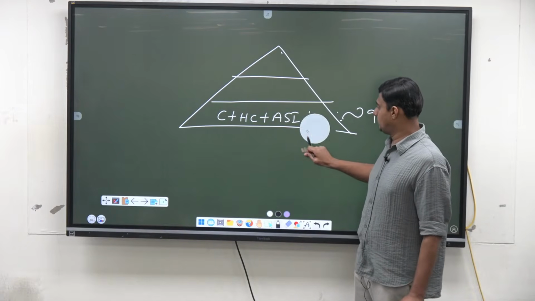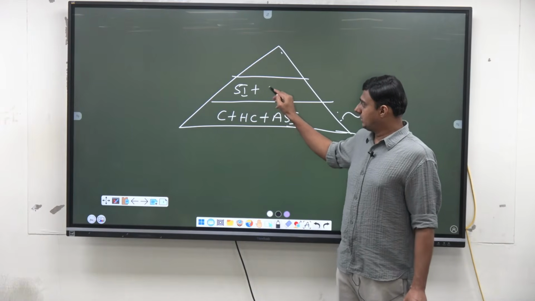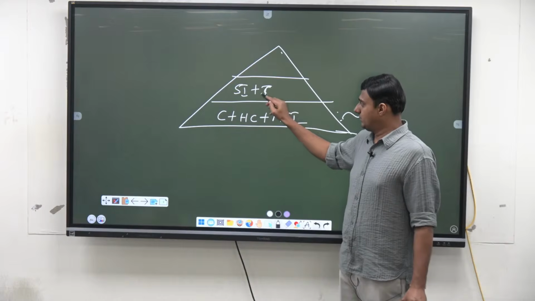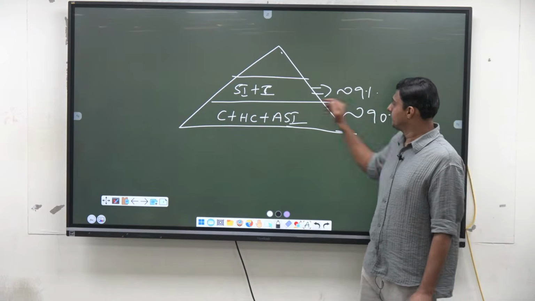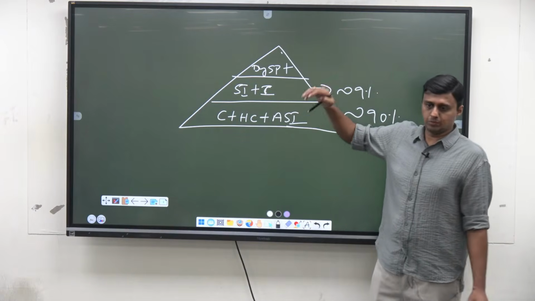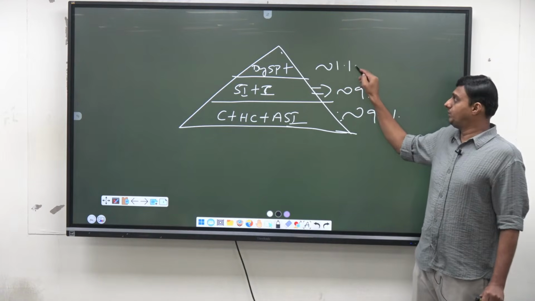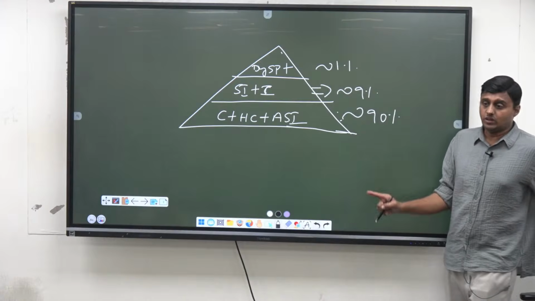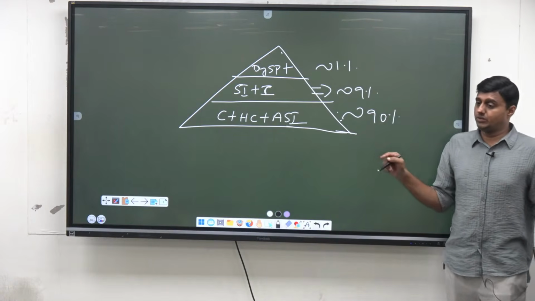Okay, inspector we can put above. Then SI, circle inspectors, inspector, whatever you call them. This is approximately 9%. Then DYSP and above: DYSP, SP, DIG, IG, all of them is how much? 1%. So obviously, this is the pyramidal structure of Indian police.